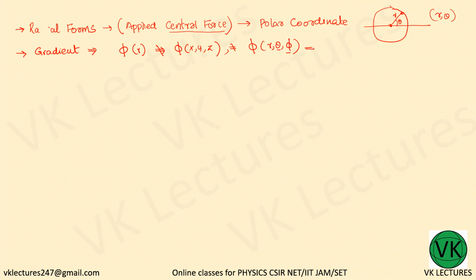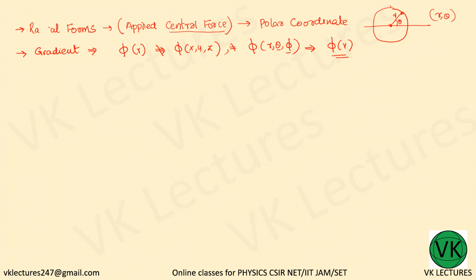In such cases we can write phi as a function of r alone. So our gradient should be limited to finding the gradient of the function with respect to r alone.